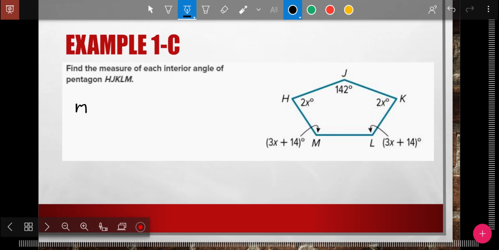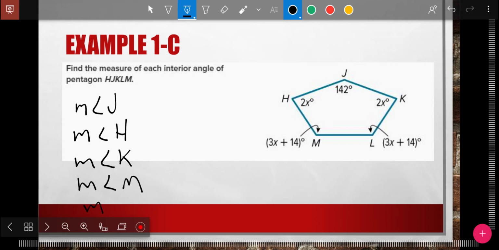To find each angle, well, let's first make a list. There is the measure of angle J. There is going to be the measure of angle H. Now, I know H is the same as K because they're both 2x. There's going to be the measure of angle M, and there's going to be the measure of angle L. And so J is obvious. It's right here. It's 142 degrees. So J is 142. H it says right here is 2x. Remember the x is 37.